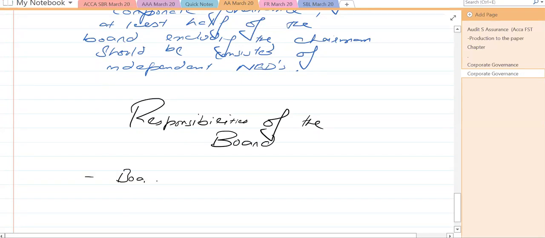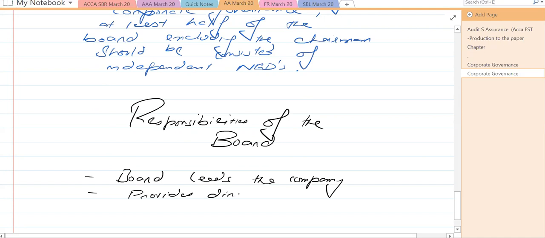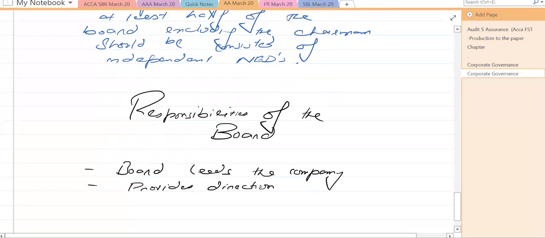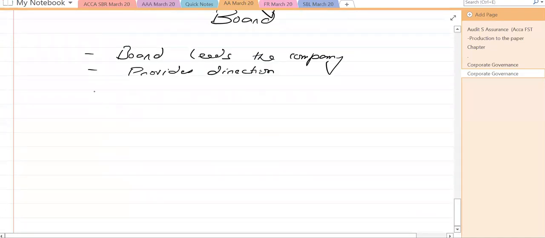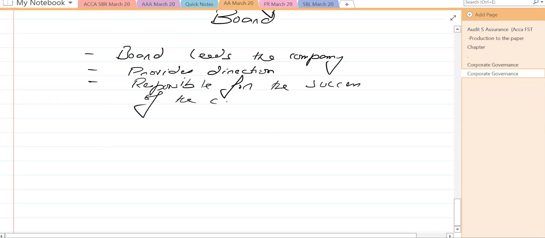The board leads the company, provides direction, and is responsible for the success of the company.